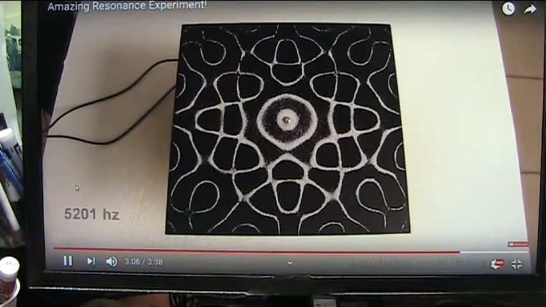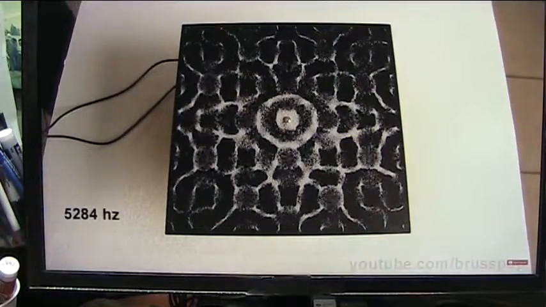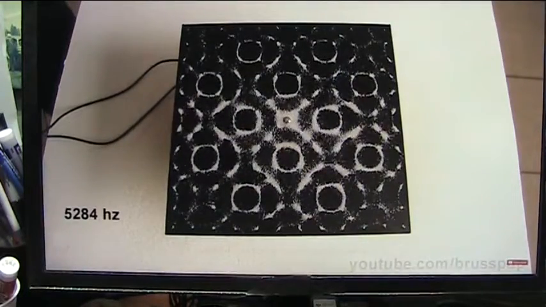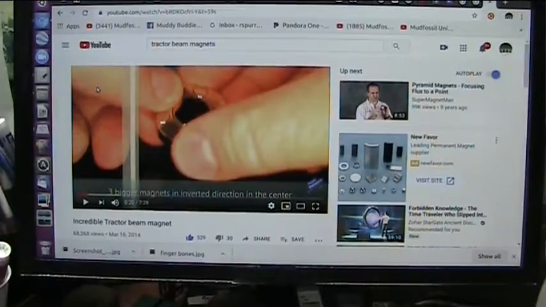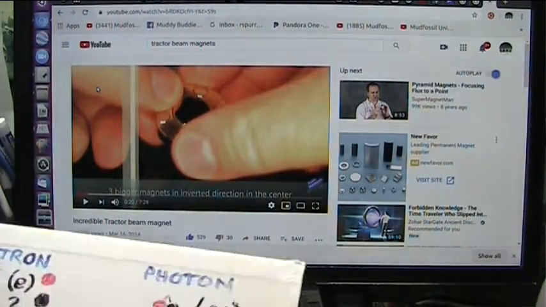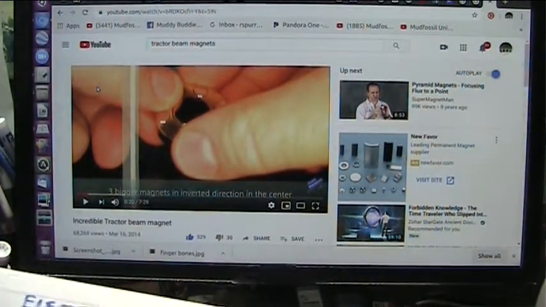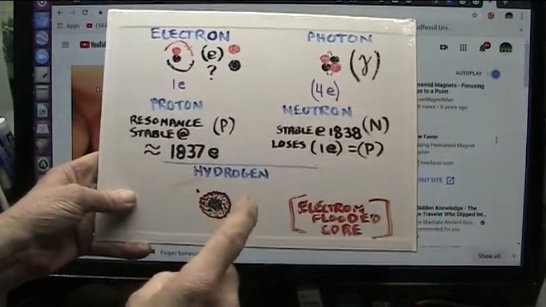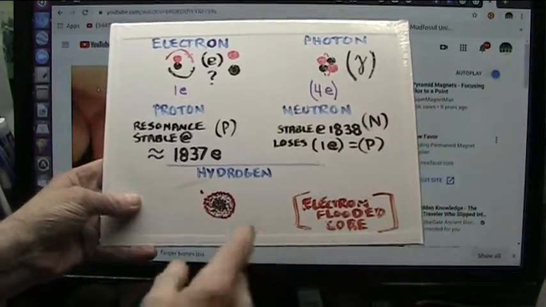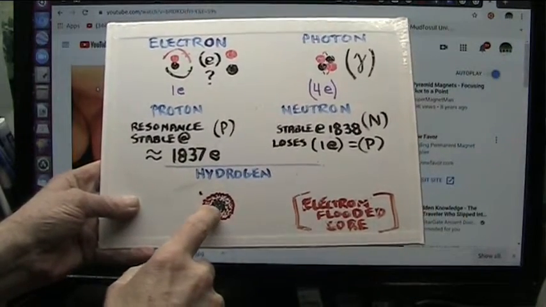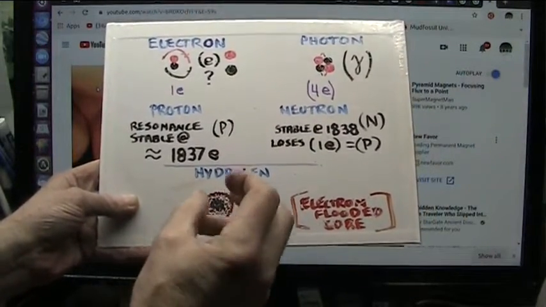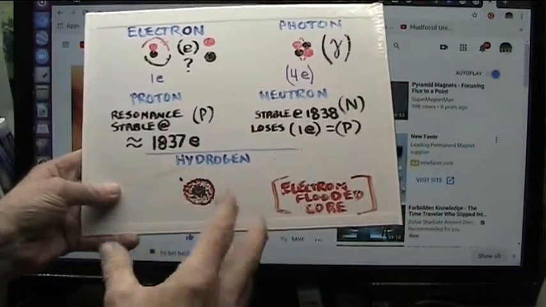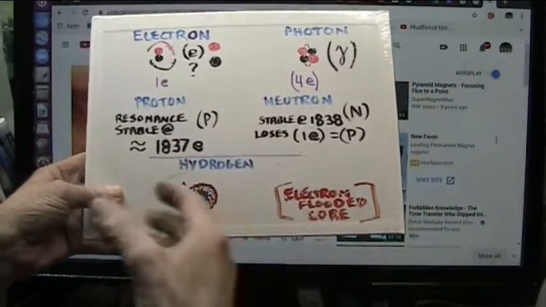So, now let me show you the electron flood theory and quantum. You should be able to follow this, and you should be able to know quantum mechanics within the next couple of minutes. Remember I said we have electron flood. That means the center, the black spot, is where your positives are, which don't explode, they don't do anything.